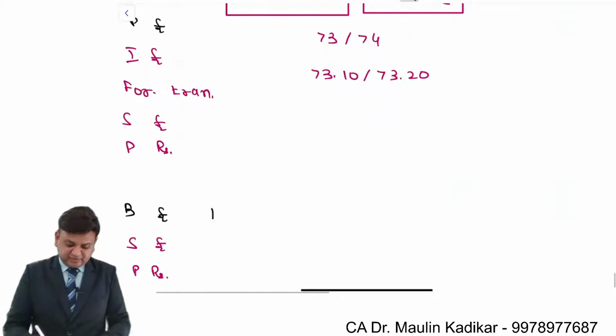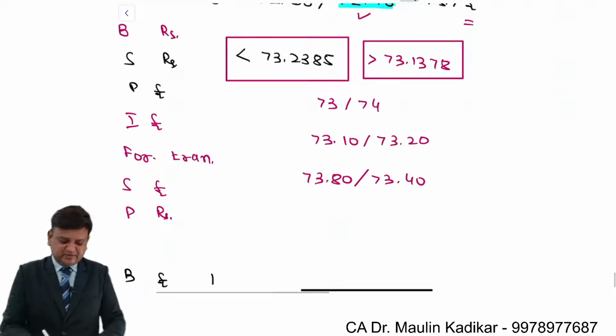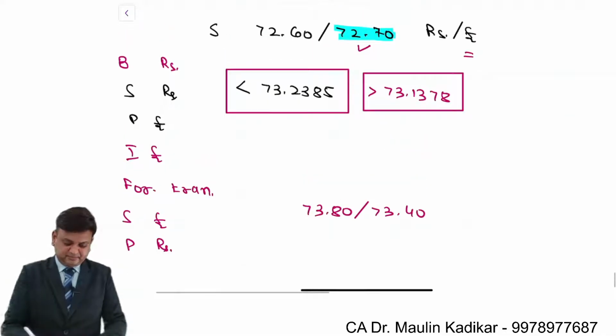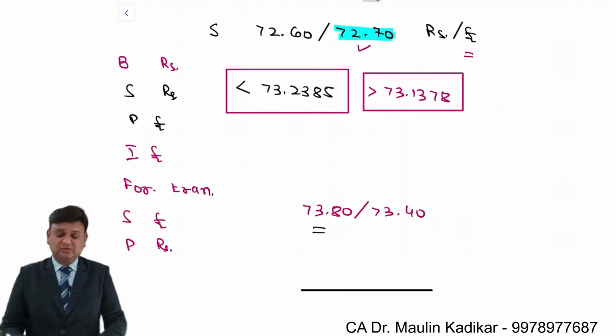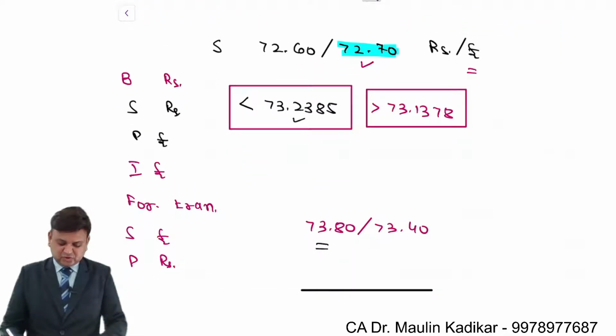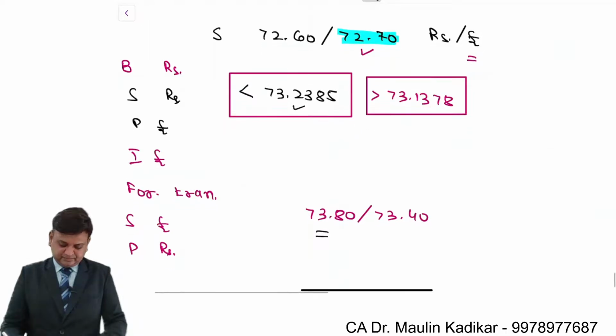In this question, the information is given as 73.80 slash 73.40. This is what we understand is the forward exchange rate. Now you can see that 73.80 is lower than this, so arbitrage is not there.